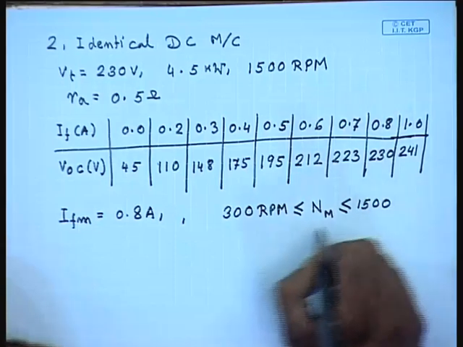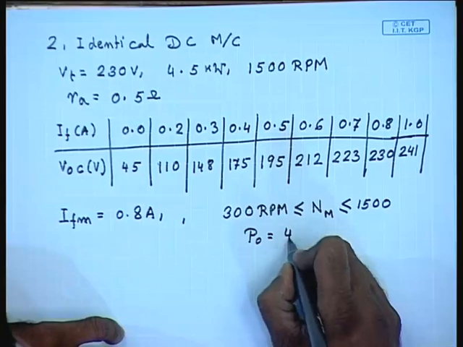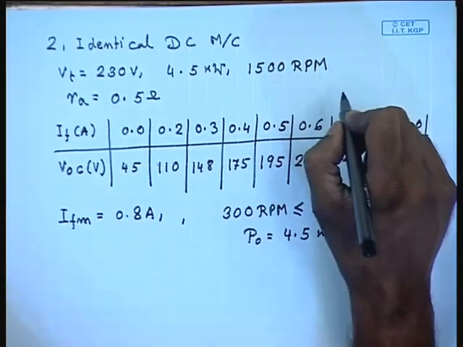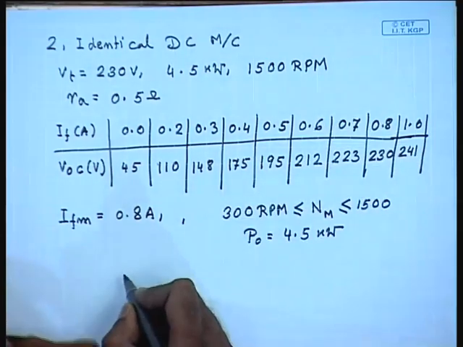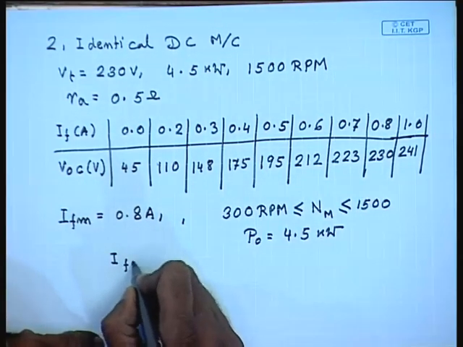Over the whole range, the output power of the motor will be 4.5 kilowatt. So, what should be the range of generator field current?